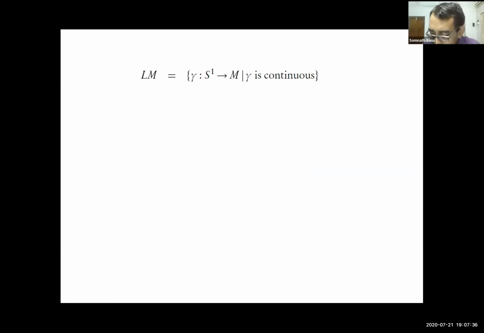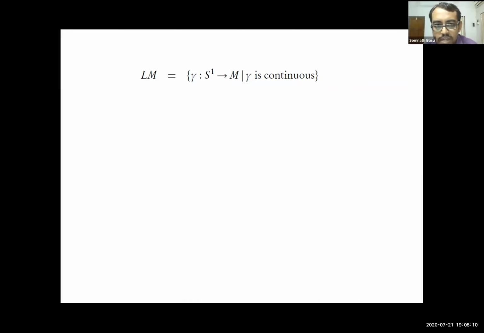So to talk about geodesics further, I have to introduce one of the objects that already appeared in the first slide. This object called LM. L stands for loop. So LM, we are going to call the free loop space. And what is this? Well, this is nothing but the space of all continuous maps from the circle to the manifold M. So for those of you who have seen a bit of topology, you know that this space has a natural topology on it called the compact-open topology.